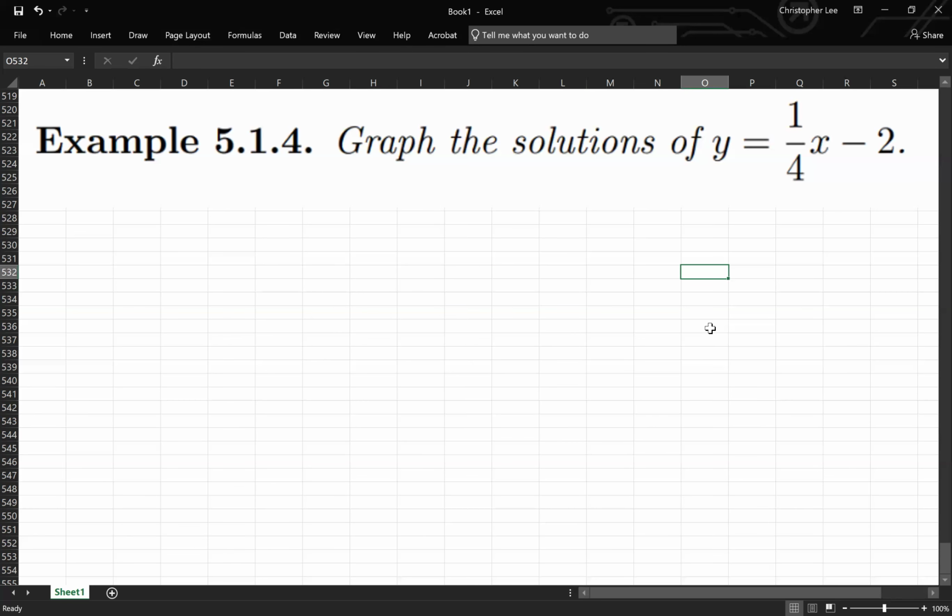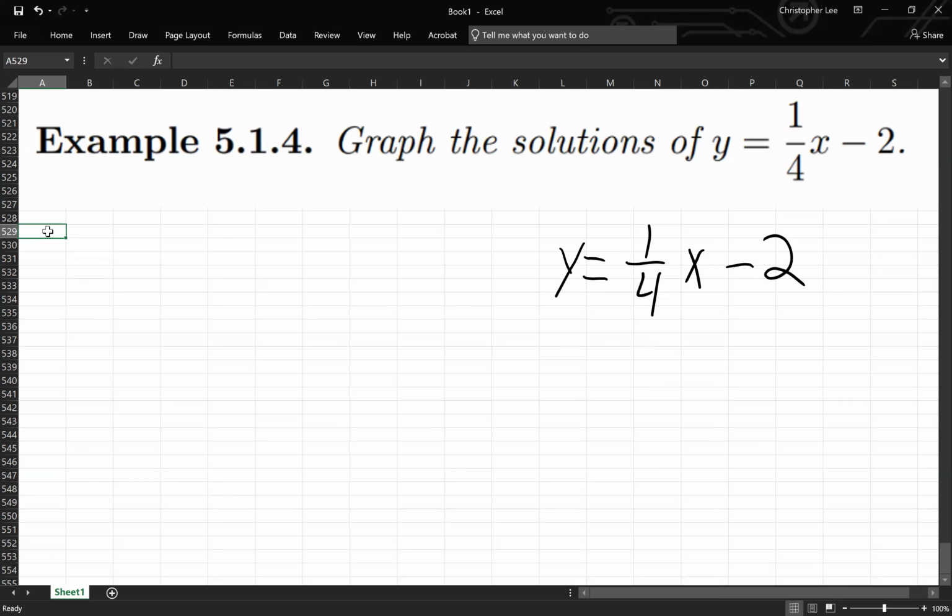All right, how do I do this? I've got y equals 1 over 4 x minus 2. This looks hard. What do I want to do first? Add 2? Not add 2.